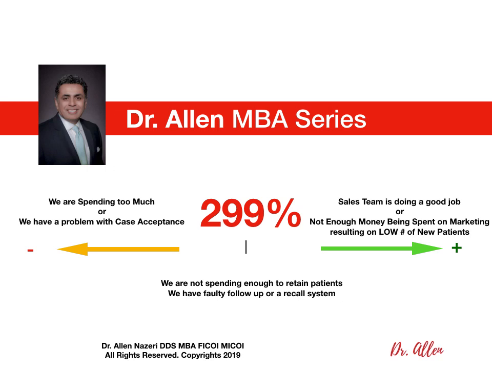So this can mean that there is a faulty follow-up or recall system within the practice as well. So again, evaluating these ratios over a quarter or two-quarter period is very, very important to decide how we can move the practice forward with our overall corporate or business strategy.